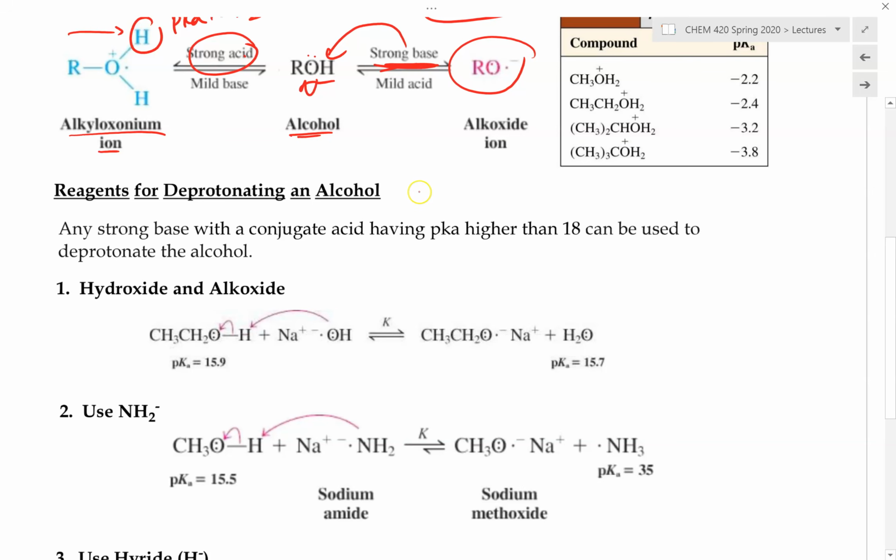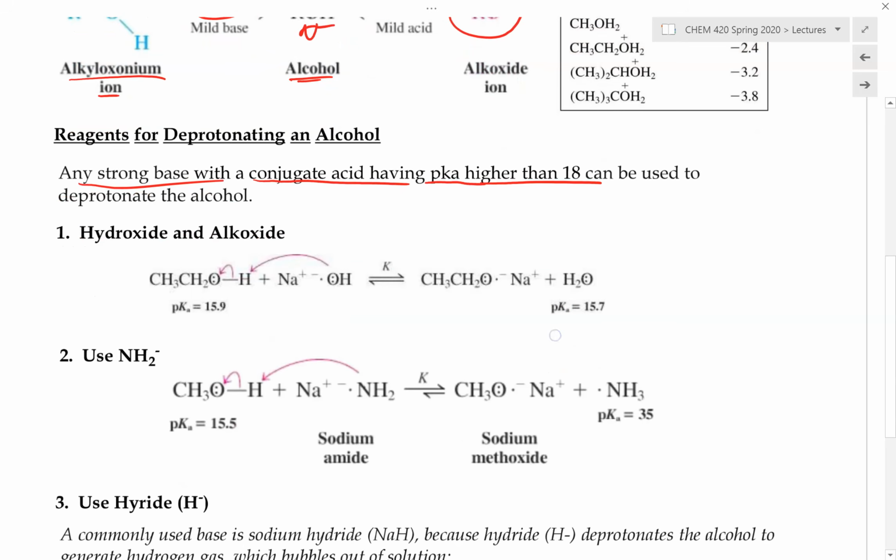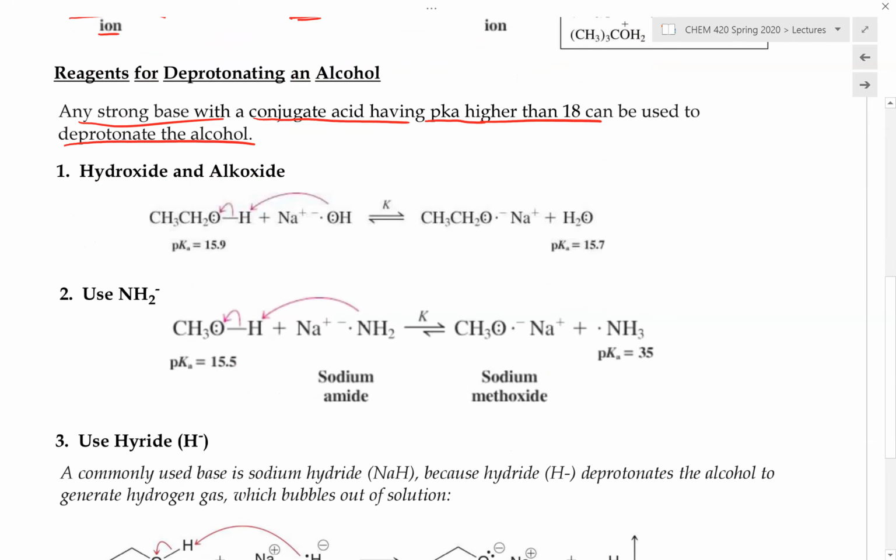So basically we need a reagent such that once it deprotonates the alcohol, the pKa of its corresponding acid is higher than the pKa of the alcohol. So any strong base with a conjugate acid having a pKa higher than 18 can be used effectively to deprotonate the alcohol. Examples of those types of substances are as follows.